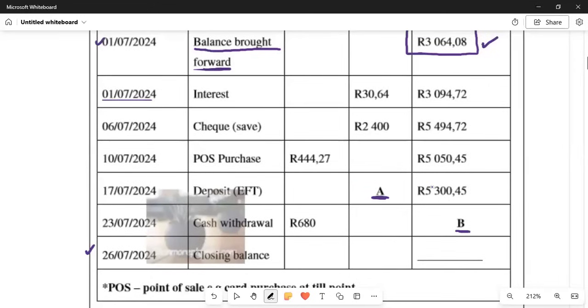We want to understand the deposit, the EFT deposit. Initially the purchase was 5,050, and we have to work it out thoroughly.